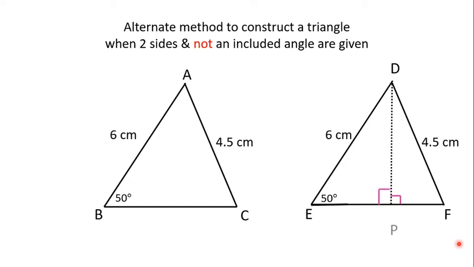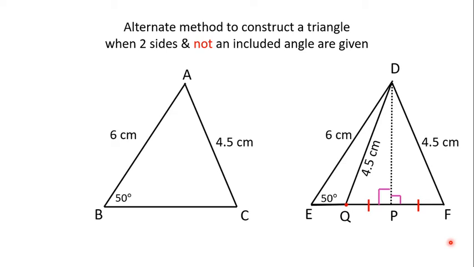Call this as the point P. Now you try to see the segment PF. Mark another point on the line segment EF only. Call this as Q such that QP is equal to PF. In such a way, you choose this point Q on this line EF. Now join D and Q. So what is the length of DQ? It is 4.5 centimeter only.